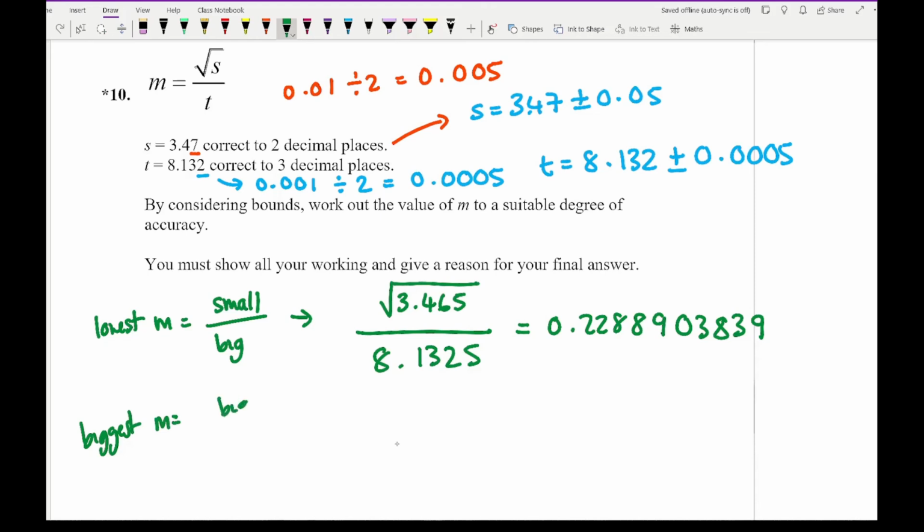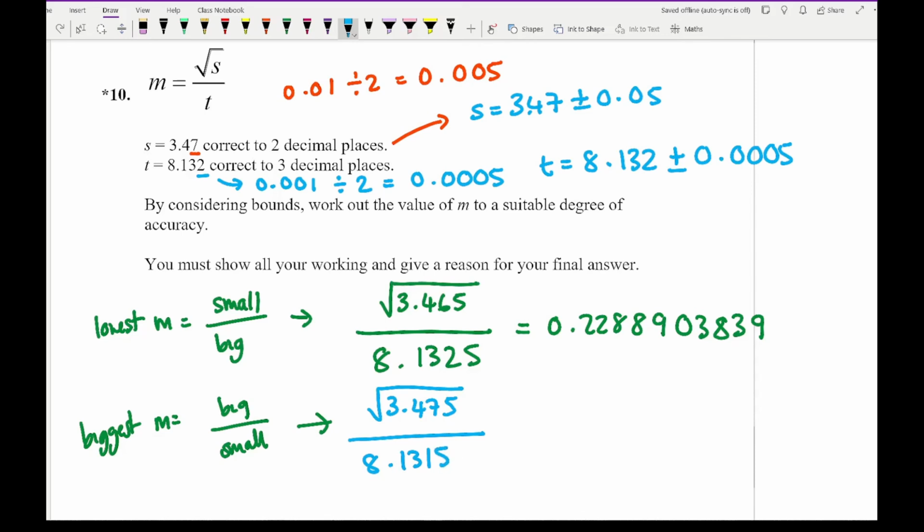Now for the biggest m, I want the biggest number at the top and the smallest at the bottom. So entering that in, the biggest s value I can have is going to be 3.475, and that's square rooted, over the smallest t value, which is going to be 8.132, take away 0.0005, which is 8.1315.